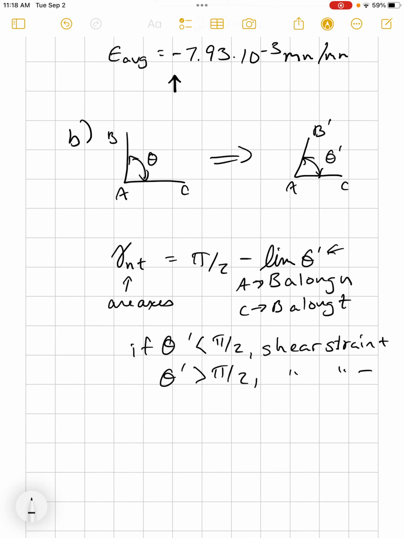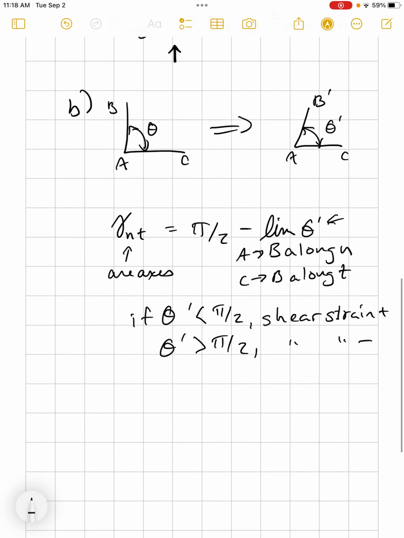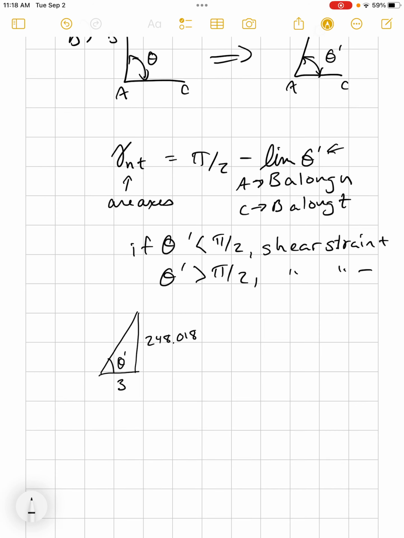Okay? So for our problem, we're going to think about this. We've got our theta prime, right? And we decided that this side was 3 and this side was 248.018. Okay.